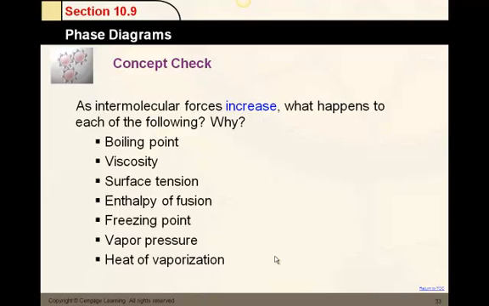And then finally, intermolecular force related to heat of vaporization. Heat of vaporization: how much energy does it take to vaporize something from a liquid to a gas? It's going to take a lot of heat of vaporization the higher the intermolecular force, because you're going to have to overcome those intermolecular forces for the substance to vaporize.